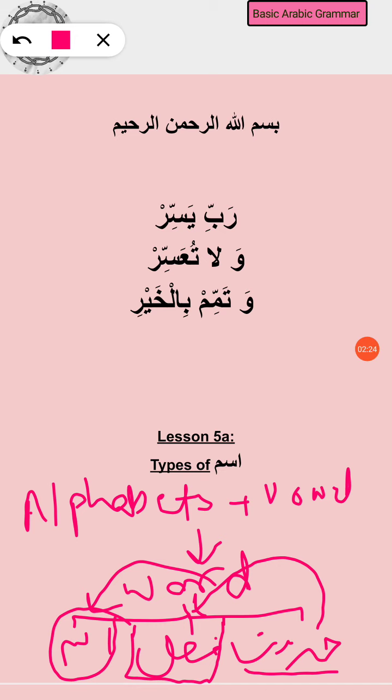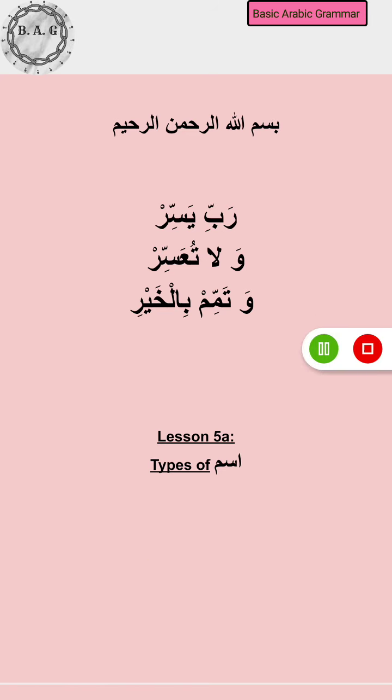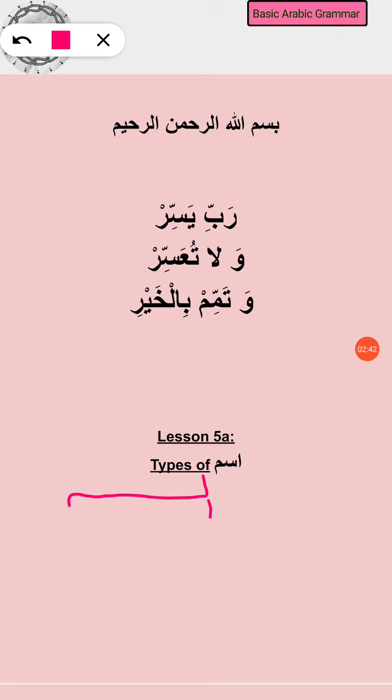So further, this chapter is about the further classification of ism. That's what we are going to cover, inshallah: what is an ism divided into? There are three groups of ism. We have almost learned all the basics of one group.